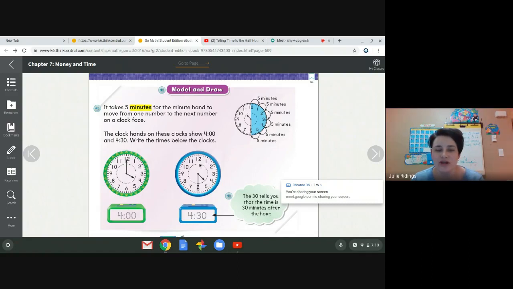And then here it shows 4:30. Notice our hour hand. Our hour hand is between 4 and 5, and we've talked about this many times in morning meeting. This should be almost like a review for you. When that hour hand is between two numbers, you always go with the number before, the number that's less, because it's not yet touching the next hour.